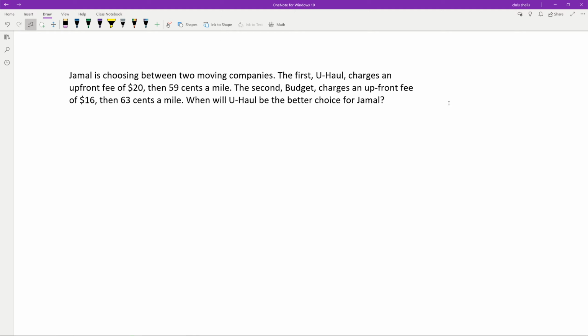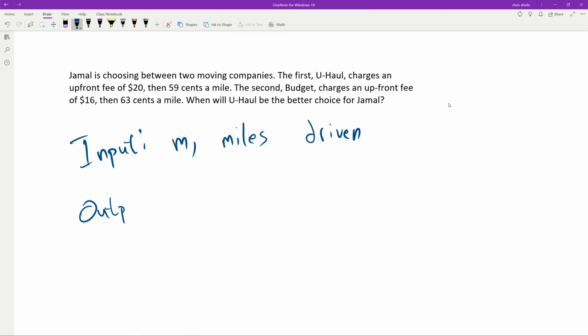Okay, so let's see. I think I can define two functions here. I think that the input for both of them is going to be M, which is miles driven. And I'm going to have a couple of separate outputs here.